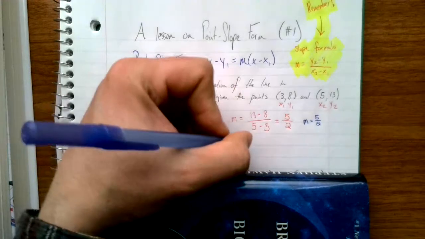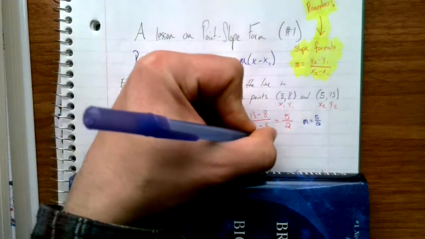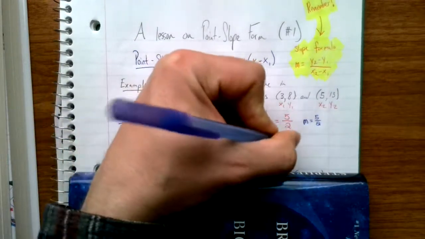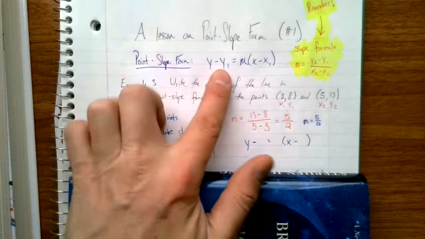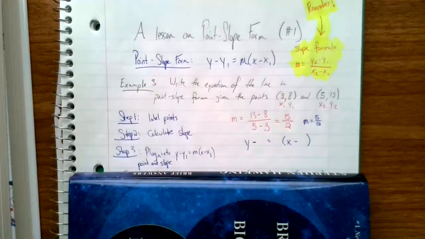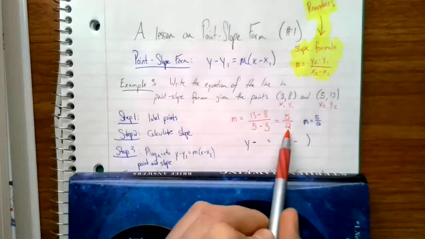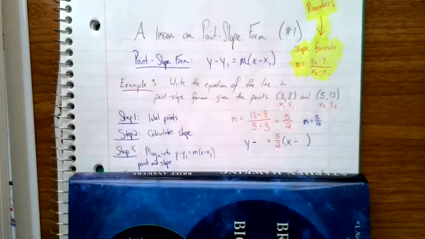So, like I said before, what I like to do when I'm doing this is I write the parts of the formula that aren't going to change, right? And what's going to change is the y1, the m, and the x1. So we know that our slope is 5 over 2, or 5 halves. So I'm going to place that in now and get that part out of the way.